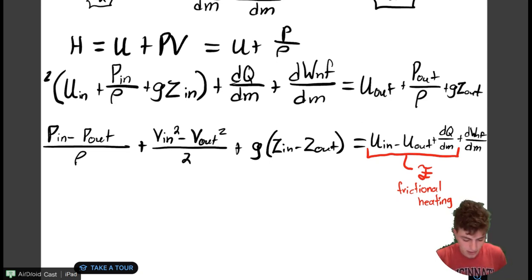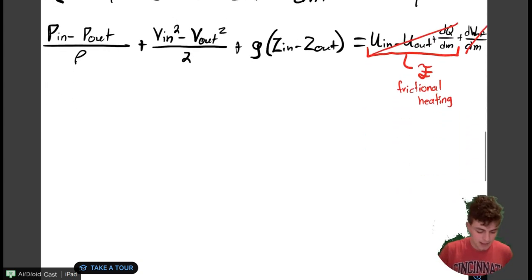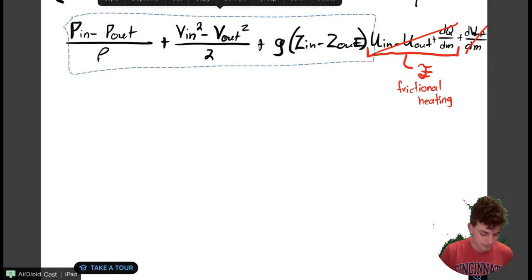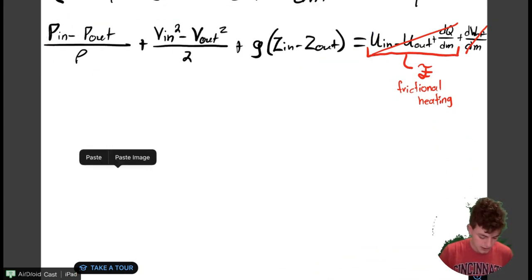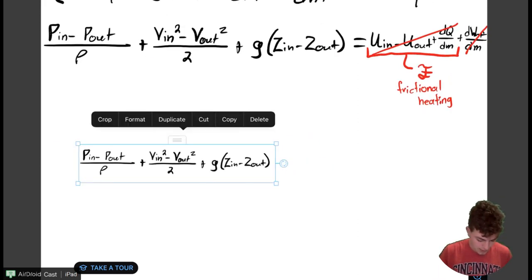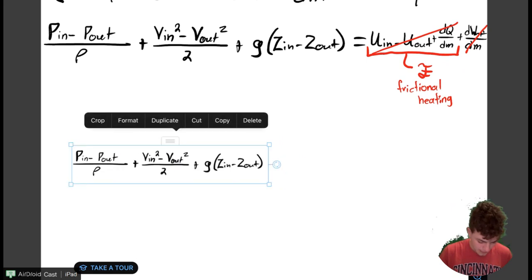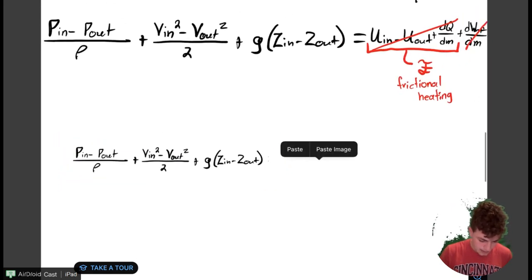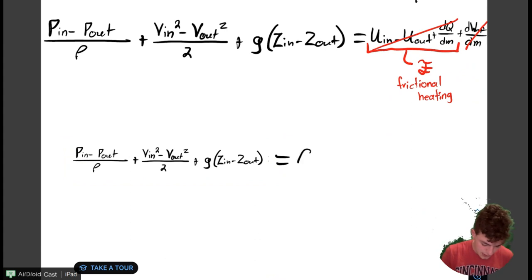Now, we are going to go ahead and ignore that for Bernoulli's flow equation, as well as we are going to ignore non-flow work. So the only work that is happening is going to be the work from entering and exiting the system. And thus, we come to Bernoulli's equation here, which is this term being set equal to 0.